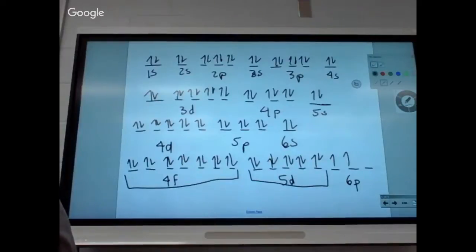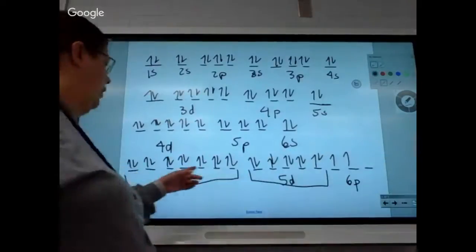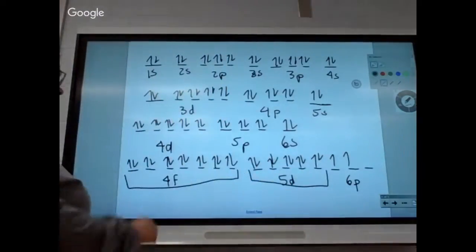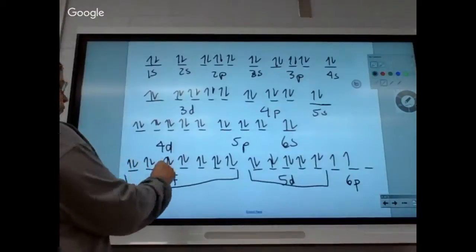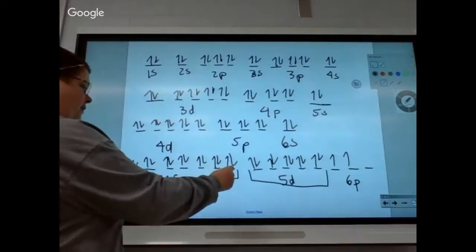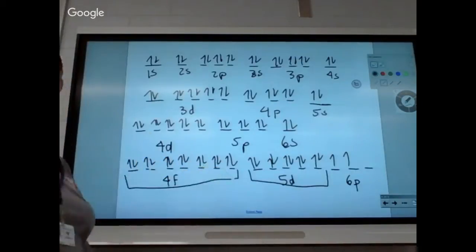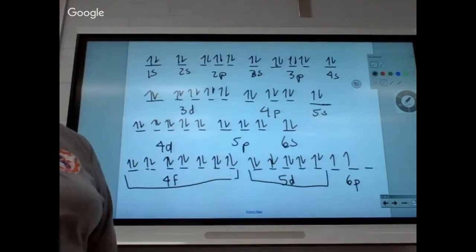And then I did the D's, one in all the D's, and then I doubled back. I only put one in each of the sublevels, so I didn't go all the way across the line because they're not all the same. So when I started counting, I just did 1F, 1F, 1F, 1F, 1F, 1F, 1F. Then I went back into the second F, second F, second F, and so forth and so on. So you just do that for each of the sub. For each sublevel, yes.